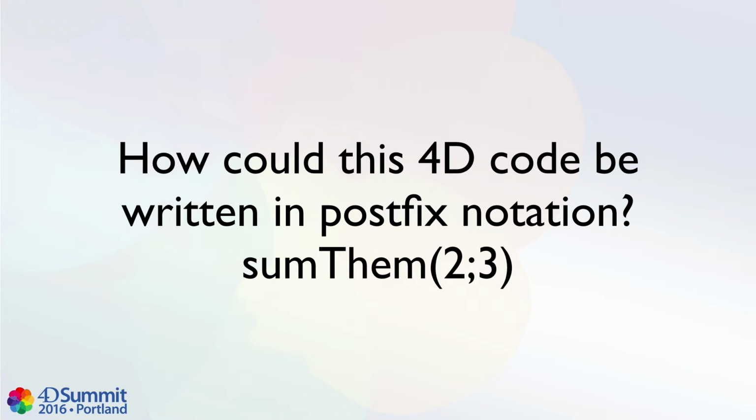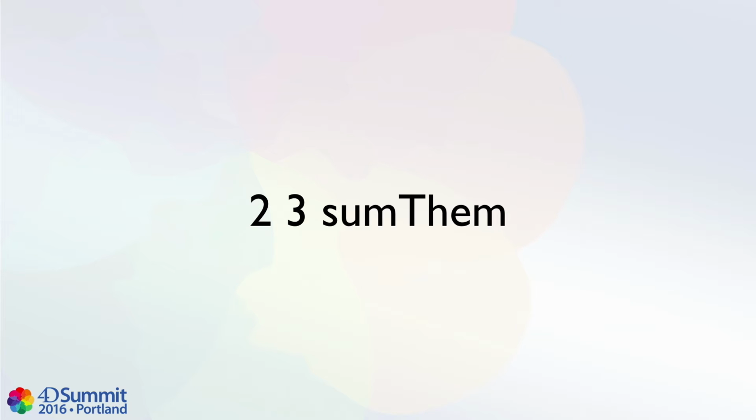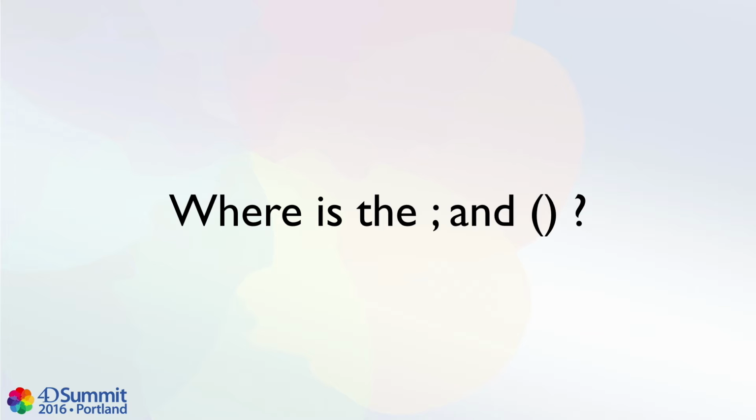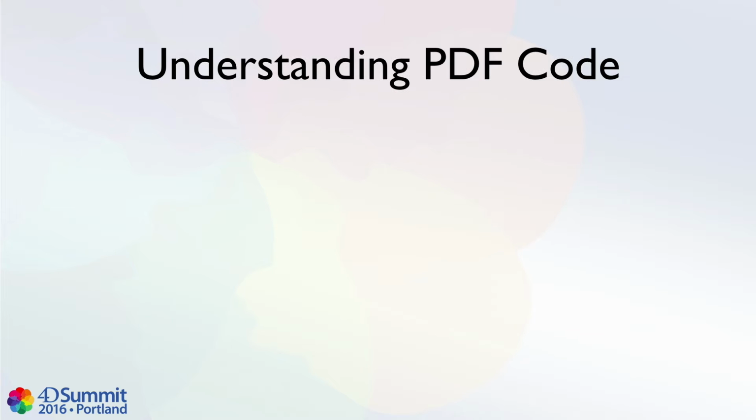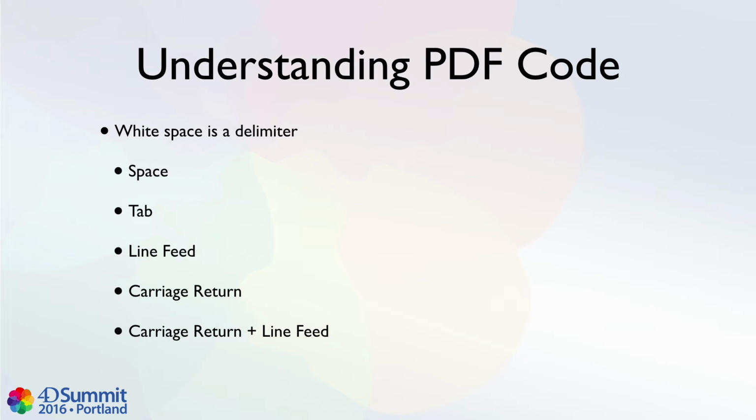To do this in PostScript, you put the 2 first, then the 3, and then you call the command. Now, you might ask, where are the semicolons between the parameters and the parentheses around it? In PostScript and in PDF, you have white space, and white space will separate anything.